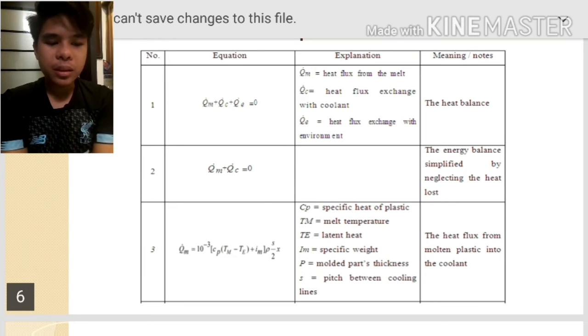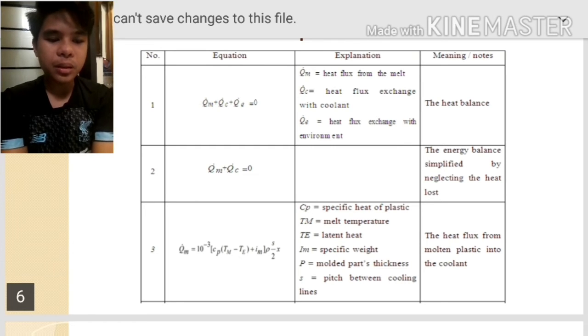Okay, Cp is the specific heat of plastic, Tm is the melt temperature, Te is the latent heat, Im is the specific weight, P is the molded part thickness, and S is the pitch between the cooling lines.